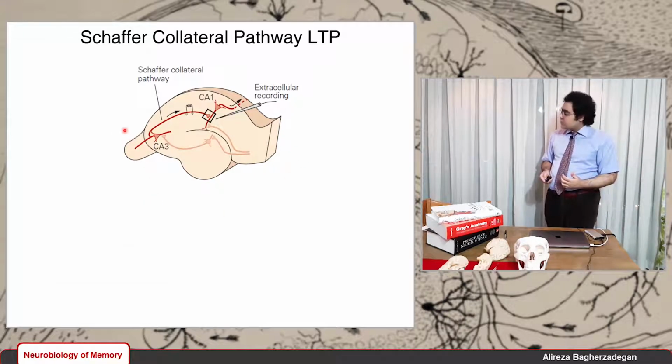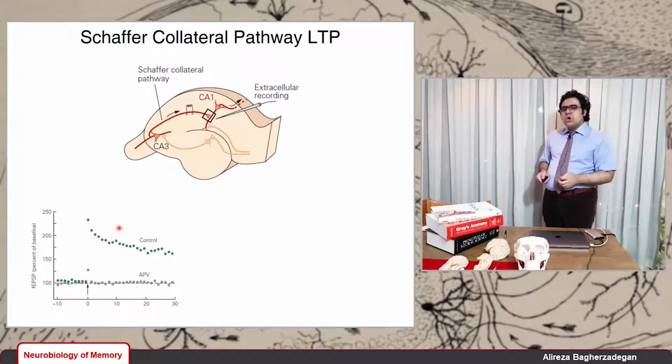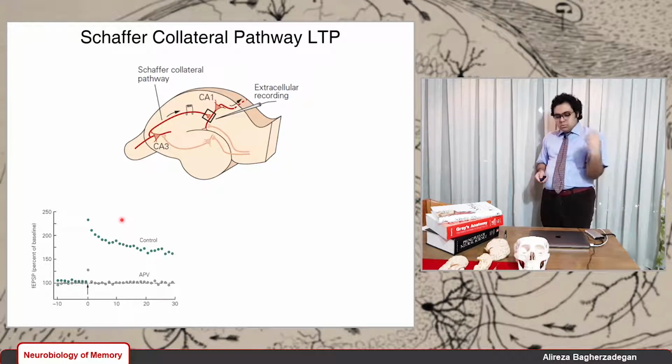So now let's see what we have here. So this is the level of the EPSP from the baseline. You can see that in the control, we want to know what is required, what is essential for LTP in the Schaffer collateral pathway in this synapse. In the control, when we don't do anything to this synapse, we have an LTP.